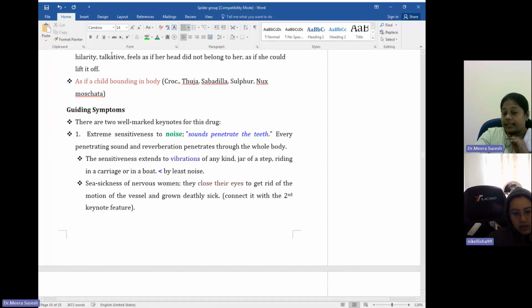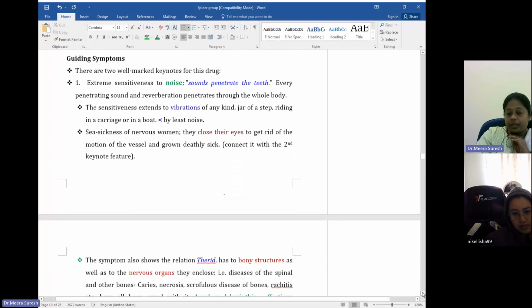Even riding in a carriage, in a boat, that slightest motion, that vibration, even if it is not producing sound, could be passing right through their body, increasing almost all their complaints. So this extreme sensitiveness to noise is a keynote remedy.